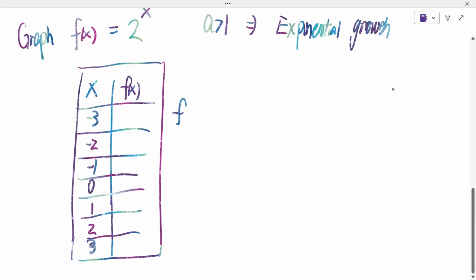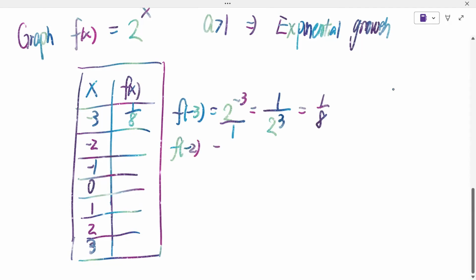So we do f of -3 first. That's going to be 2 to the -3 power. Typically you turn it into a fraction with the negative exponent in the denominator, then 2 to the 3 is 8, so it's 1/8.